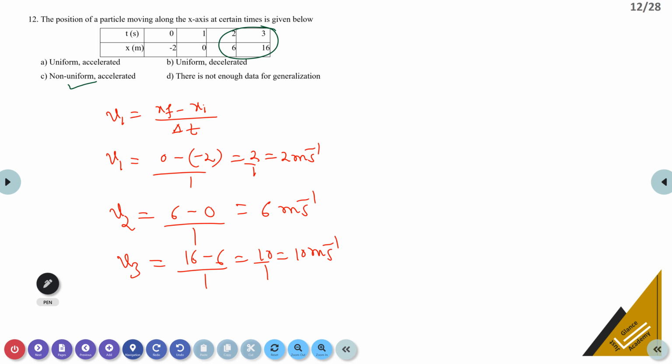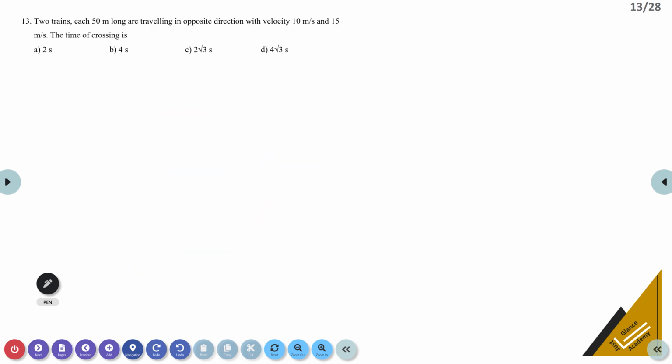Okay, so let's take the right choice. Next. Two trains each 50 meter long, students. This is the one train. This length equal to what? 50 meter. Okay, it is moving like this.